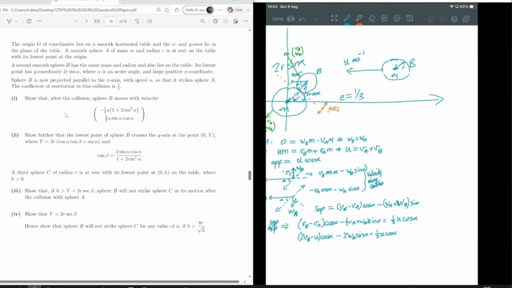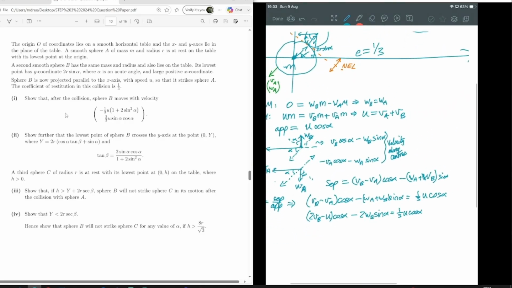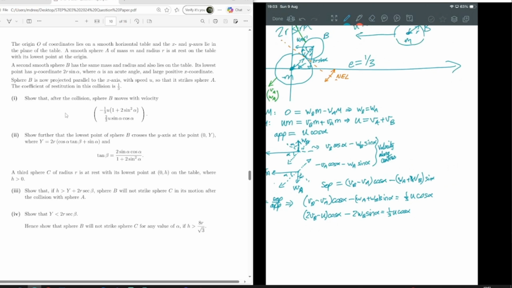And I'm also going to try and make the other velocities. No, I just need, so parallel along this line here, the velocity of B cannot change, because along this line there has been no collision whatsoever.